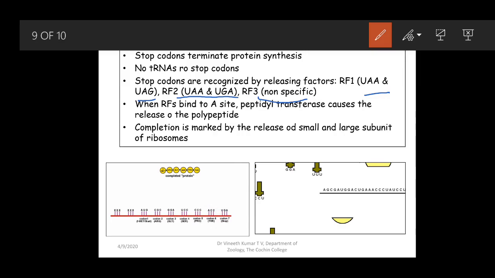As a result, the entire polypeptide is released as a protein into the cytoplasm. Whenever the polypeptide chain is broken, the tRNA and releasing factor move out of the ribosome. The 2 subunits of the ribosome separate from the mRNA, and this marks the end of the process called translation.